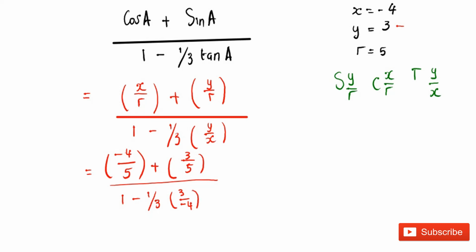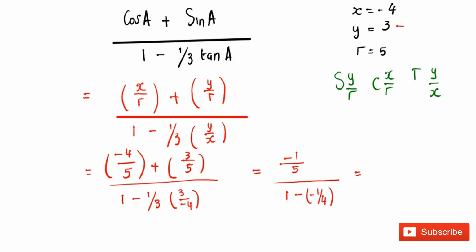We simplify this further. Negative 4 plus 3 is negative 1 over 5, all over 1 minus 1 over 3 multiplied by negative 3 over 4, which is equal to negative 1 over 4.